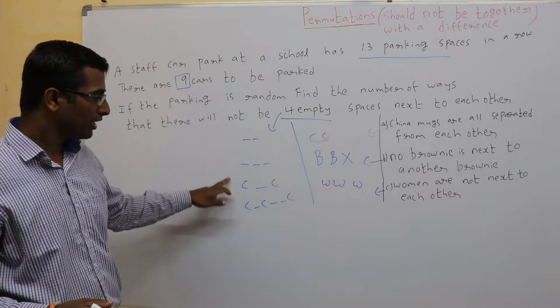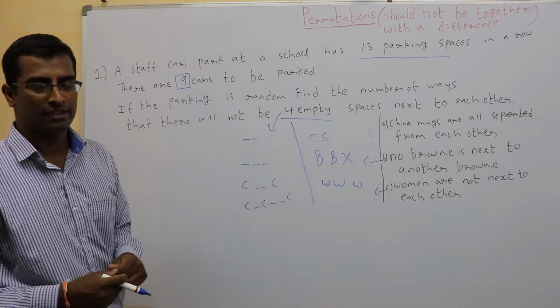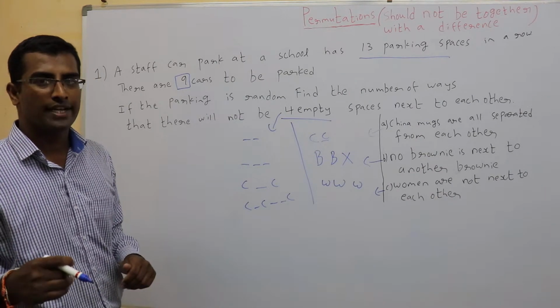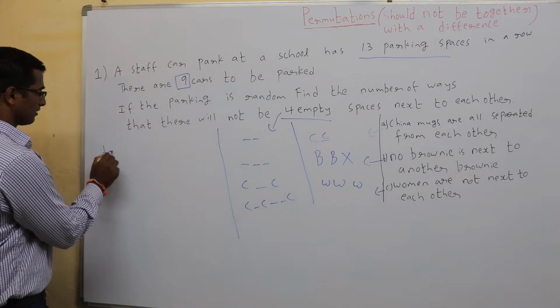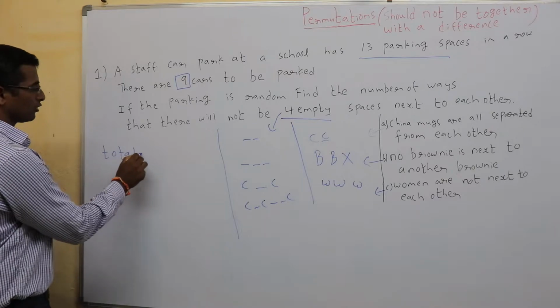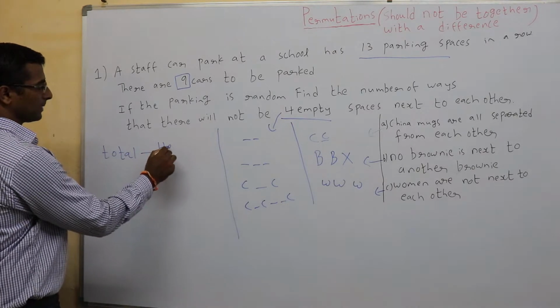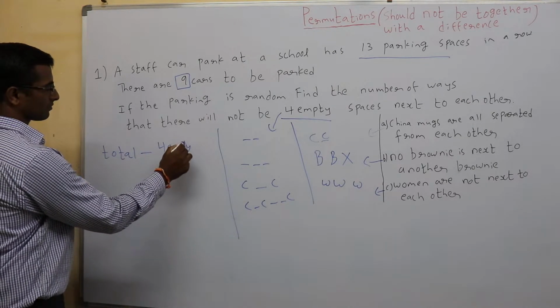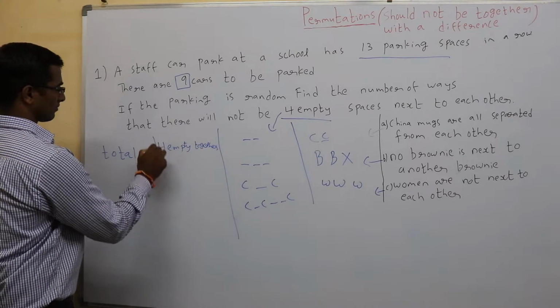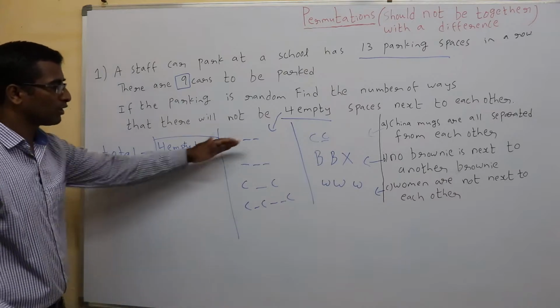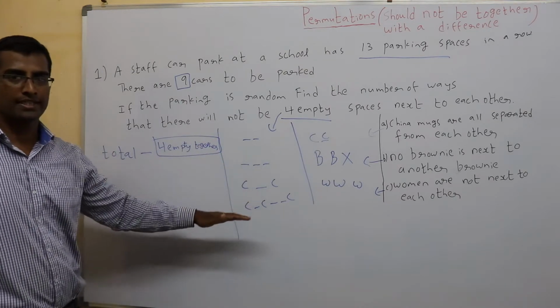I need to find for each and add. Instead, what I do is I find the total. From the total I remove when 4 empty spaces are together. I have more than one option. I cannot find for each and add.